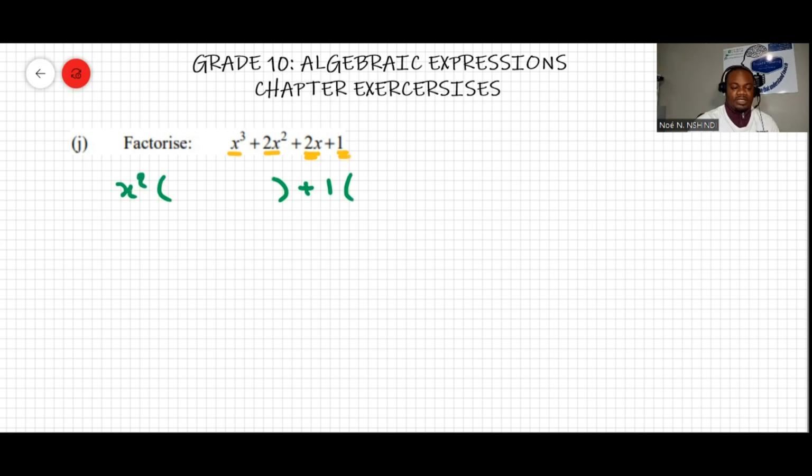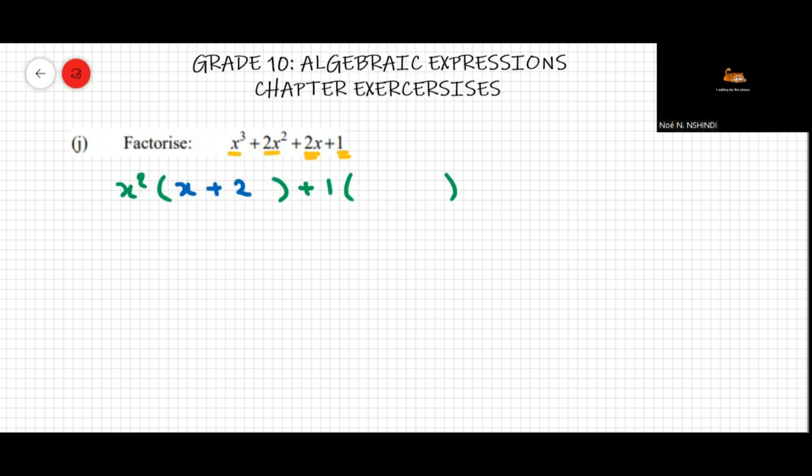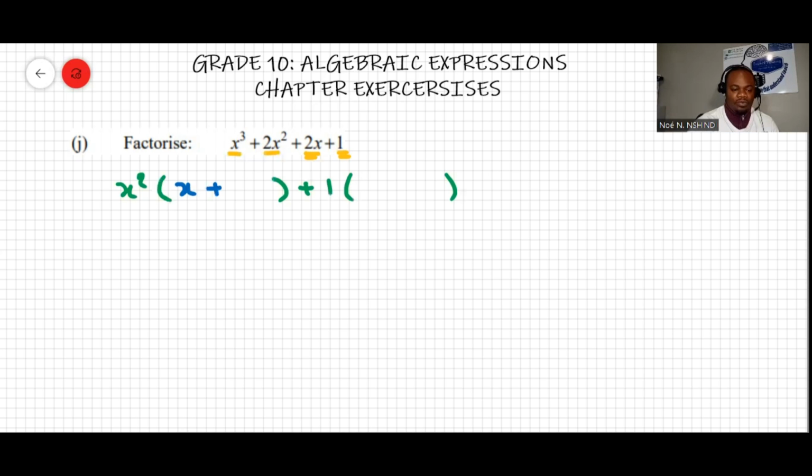And then in the bracket, if I take x squared out, I'm going to be left with x plus 2, and then over there it will be 2x plus 1.